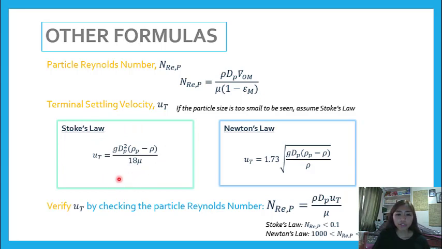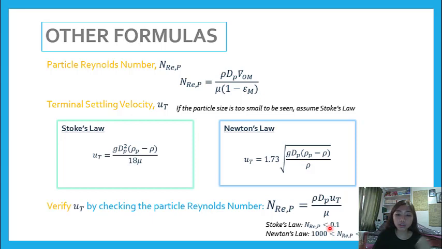Then we verify whether the terminal settling velocity really is under Stokes law. So to verify, we substitute our ut here and get the Reynolds number. So if the Reynolds number we got is, for example, 1,000 or 2,000, that means the terminal settling velocity we got is wrong.